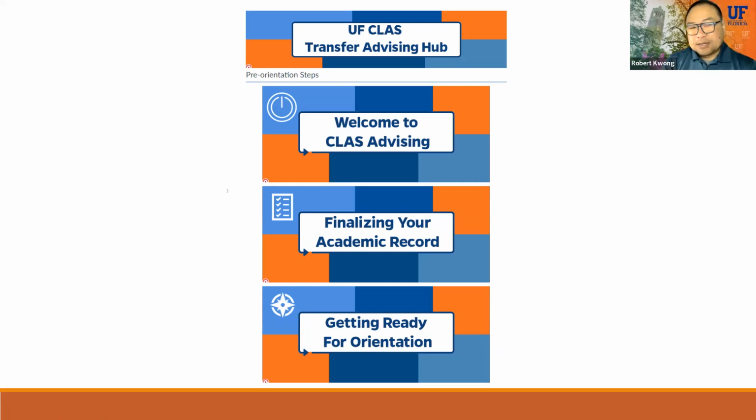The other parts of the course are for after you have started at UF, and those modules are a basic guide to advising to give you information to start with until you are ready to become a student here after orientation. I will hold off on those other modules, but these are the ones you want to focus on, the pre-orientation steps. You would click on each one individually to work on it.